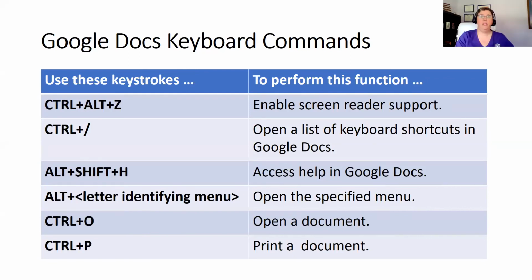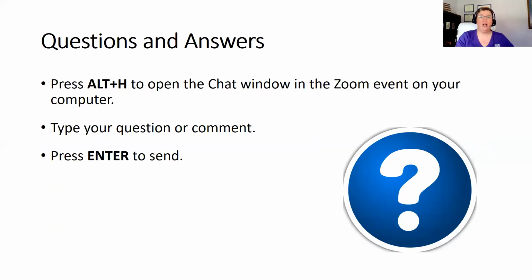Elizabeth, is there any way to turn off screen echo in Google Docs? Yes, you can press Insert. Well, this is a quick way to do it. You can either go into the verbosity and do it. Hang on. I think you can.